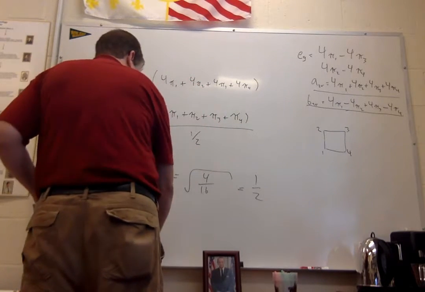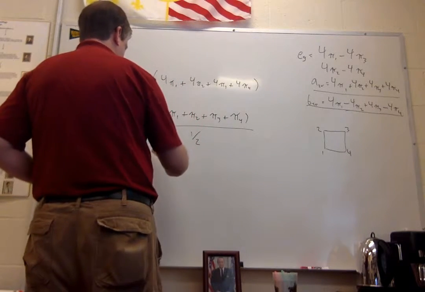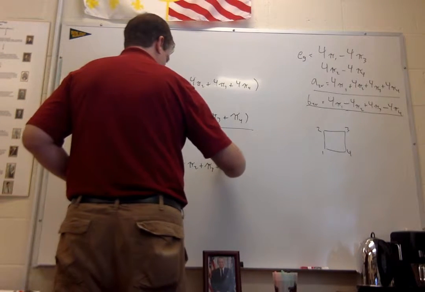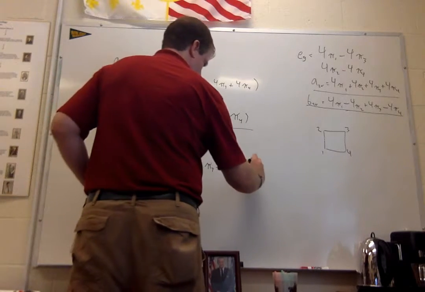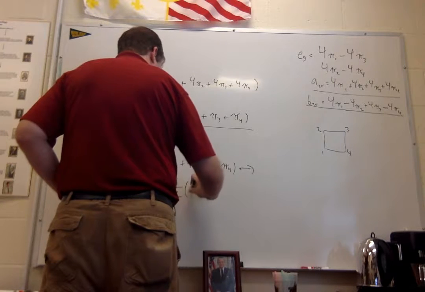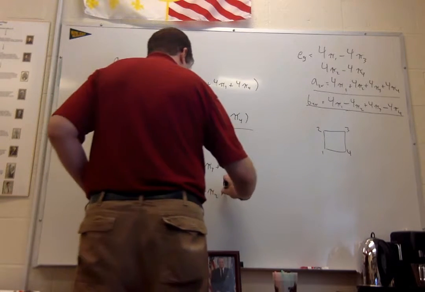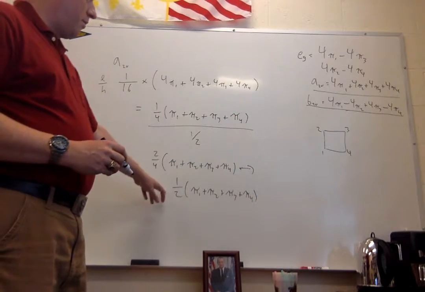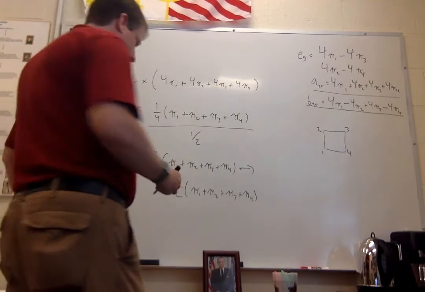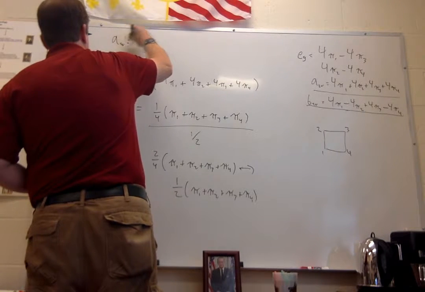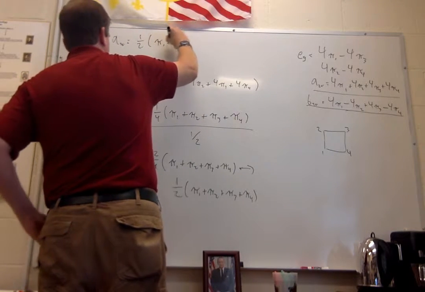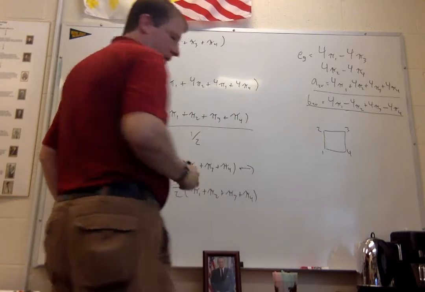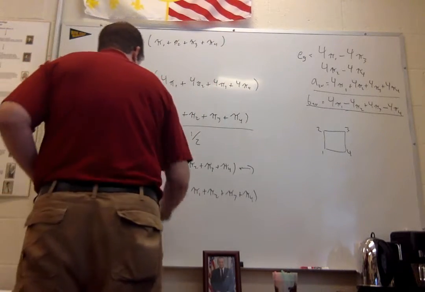So what do you get? And that is 1/2. So our first normalized SALC of A2u symmetry is this. Okay. So we can take that away.